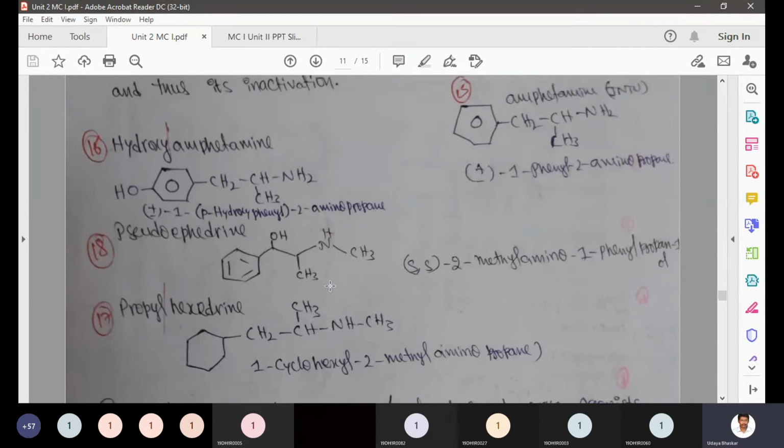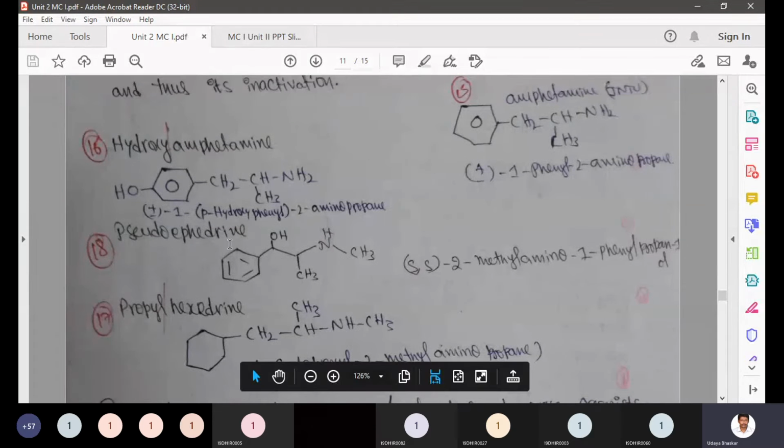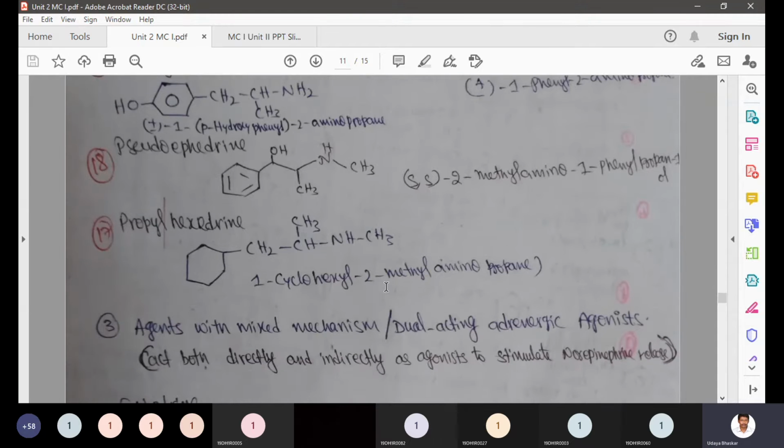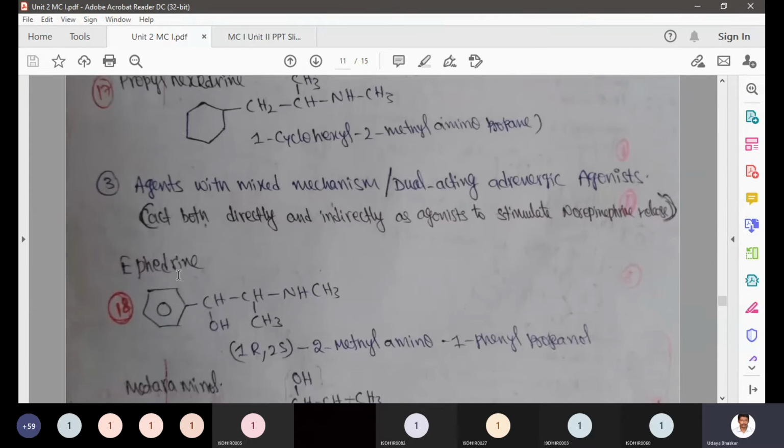For amphetamine and ephedrine, I guess. Pseudoephedrine, if you see, has a phenyl ring and an OH group. Hydroxyamphetamine and pseudoephedrine are similar in structure, but they are stereoisomers. Propylhexedrine has a cyclohexane ring, so you have to remember that it has cyclohexane instead of a phenyl ring.